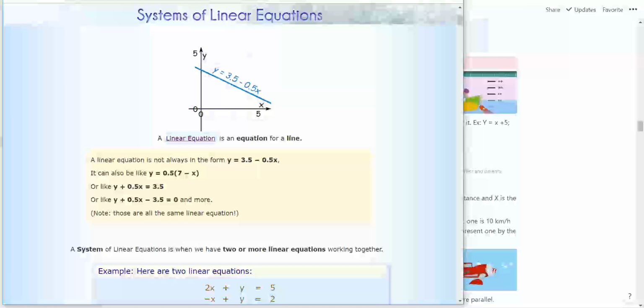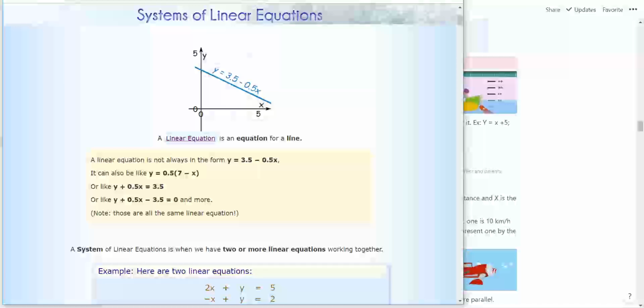To quickly recap, if the system has a single solution, then usually there is a single point of intersection between the two lines. If the result is that the right hand side equals the left hand side, or 0 equals 0, then the system has many solutions, and usually the lines are overlapping.